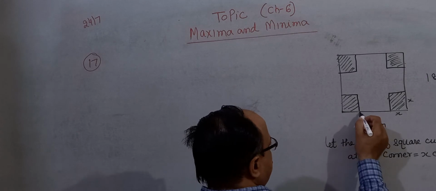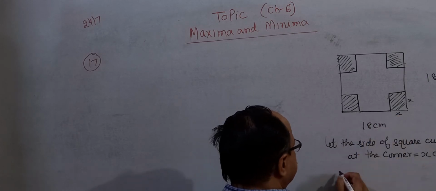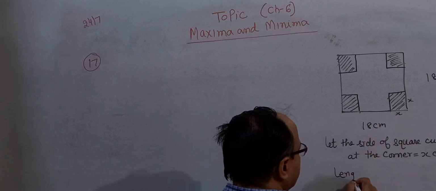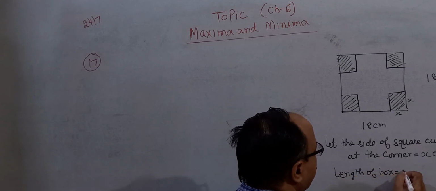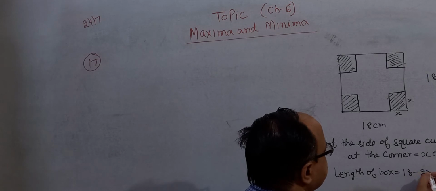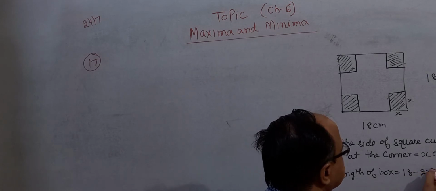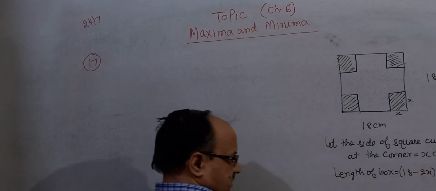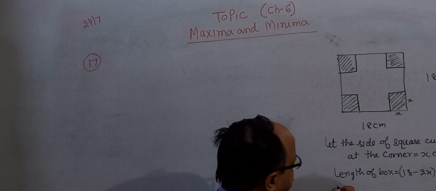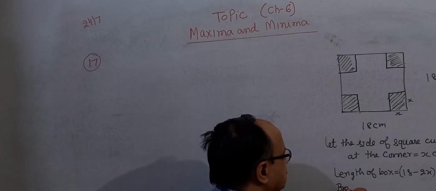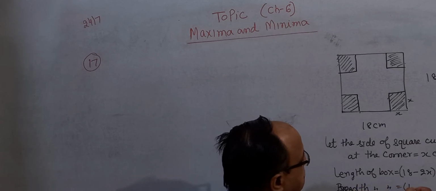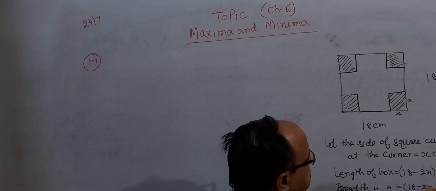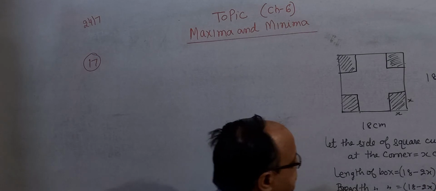Now can you tell me the length of this portion? Length of the box is 18 minus 2x centimeter. And breadth of the box is also 18 minus 2x centimeter.